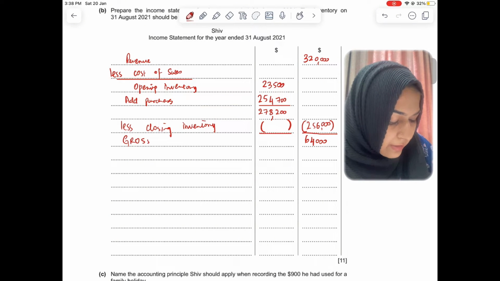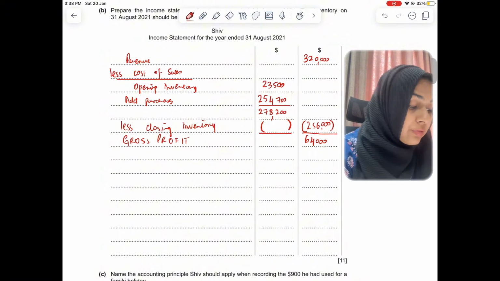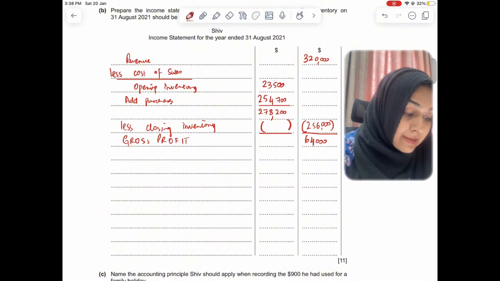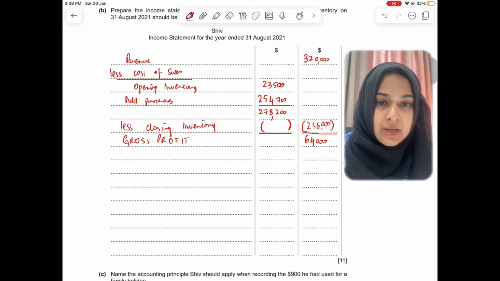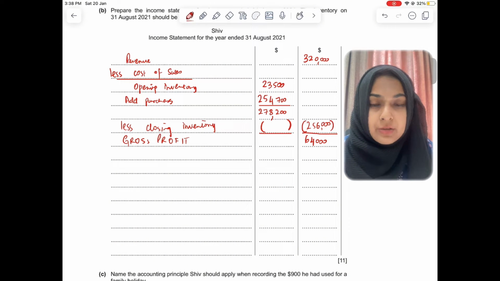Now when you calculate backwards, you can find out the closing inventory. So you write here 256,000 minus, so whenever you calculate backwards, you basically have to subtract what is normally added.